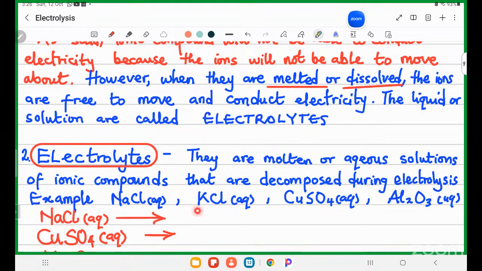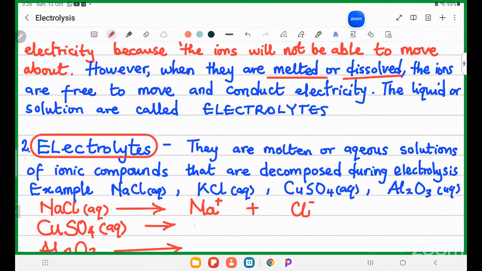So examples are sodium chloride, potassium chloride, copper sulfate, aluminum oxide. When we split sodium chloride, it gives sodium ion and chloride ion. Copper sulfate gives copper ion and sulfate ion.